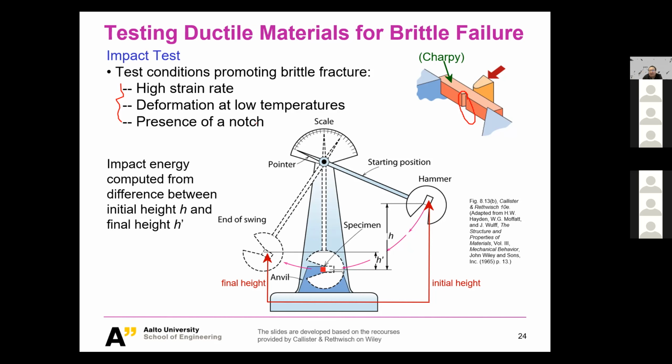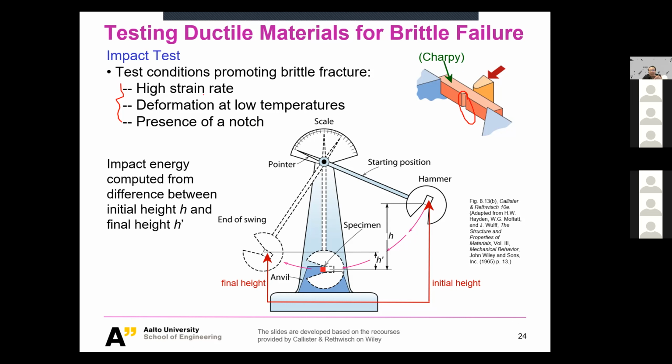If that strength is reached, your material will go to cleavage fracture, no matter whether it is a ductile material or a brittle material. So that is the underlying mechanism why for ductile materials, we could still have brittle fracture.